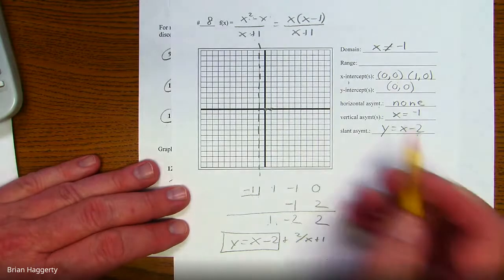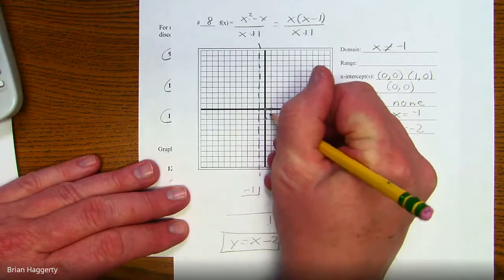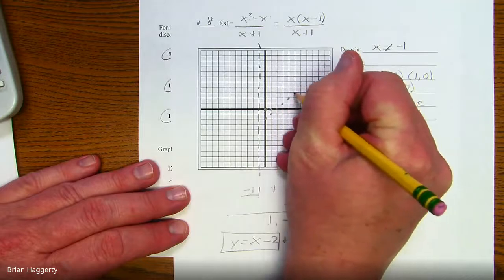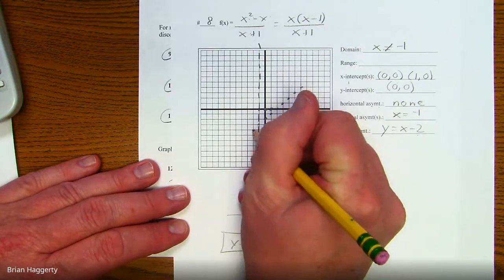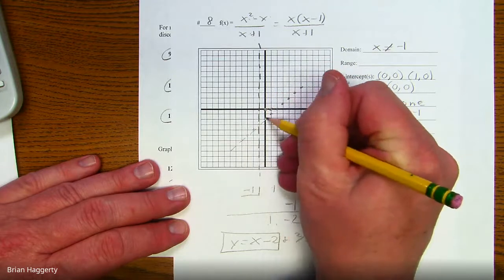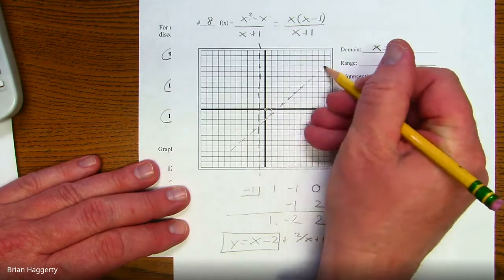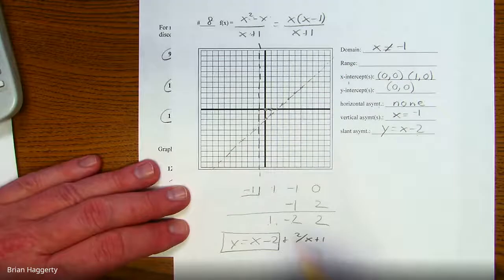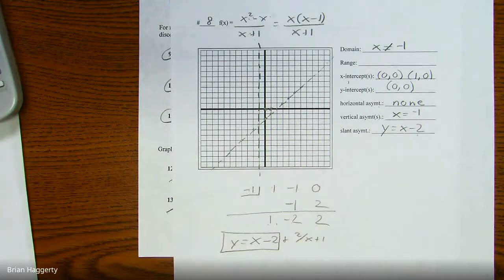So that has a y-intercept of -2, a slope of 1. And all of these things we've done so far, you should be calculating without relying upon your graphing calculator.